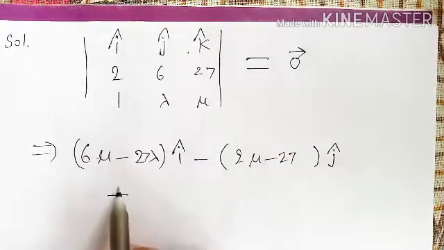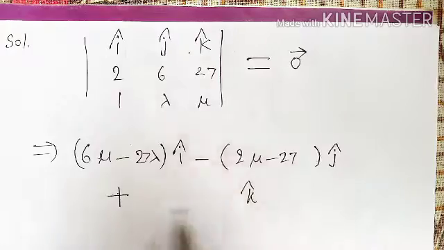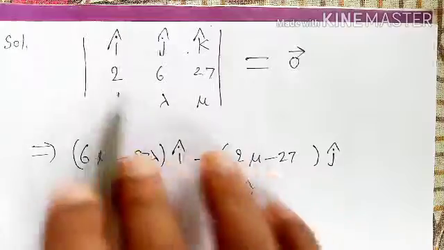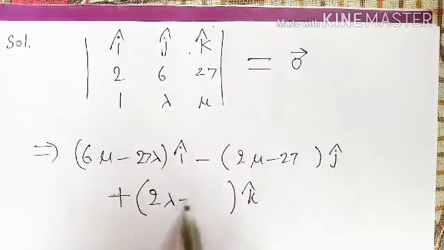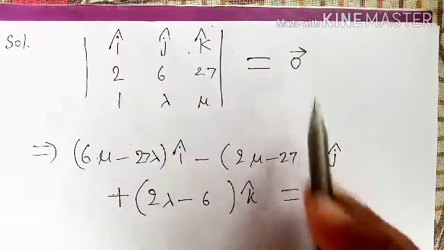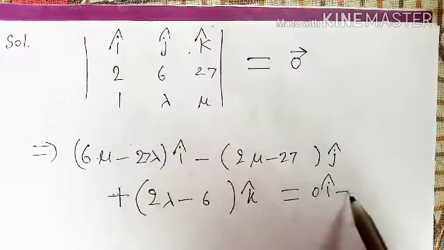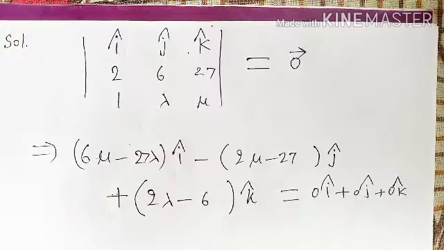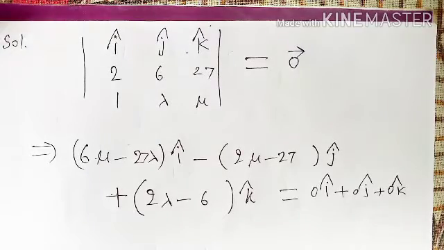Next we write k cap, and here first row and third column are hidden, then we have 2 lambda minus 6. Here 0 vector can be written as 0 i cap plus 0 j cap plus 0 k cap. Now we write corresponding components.